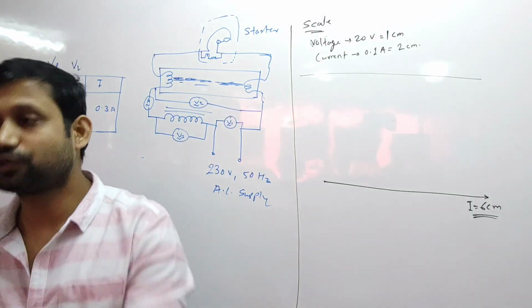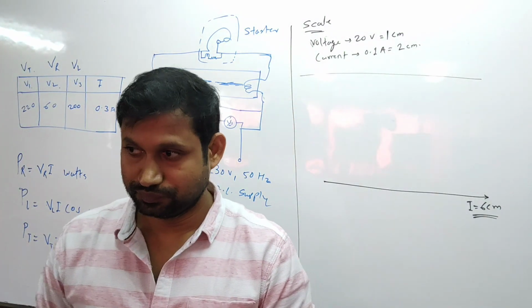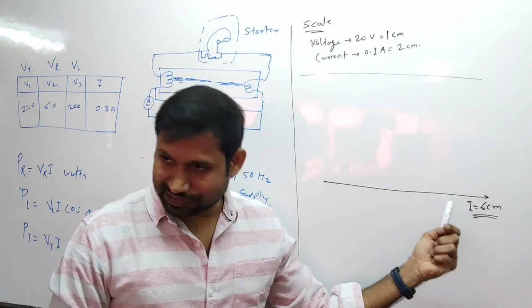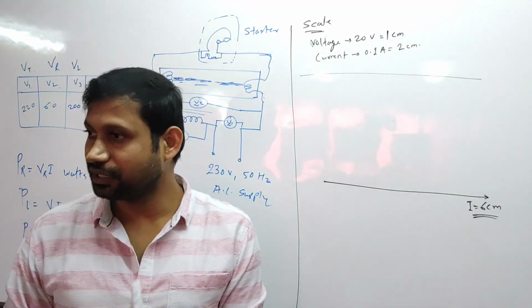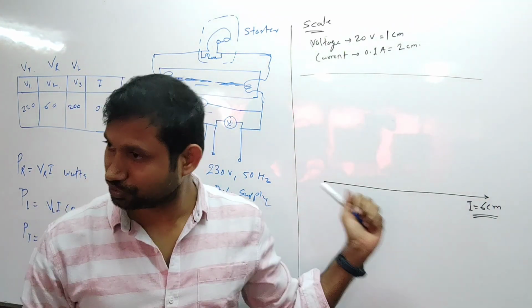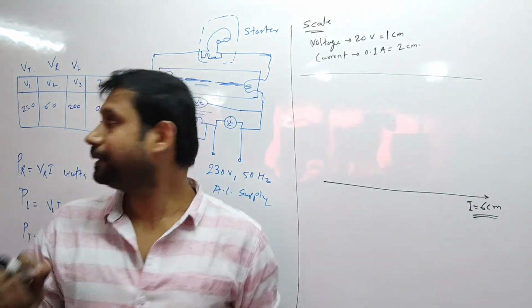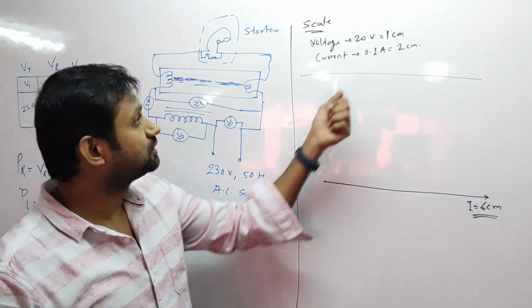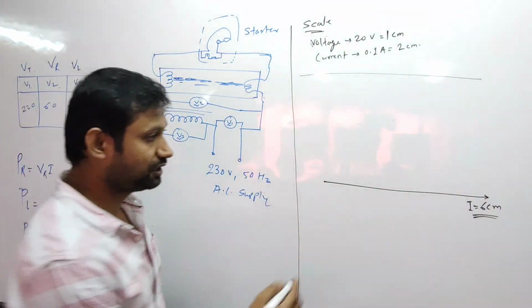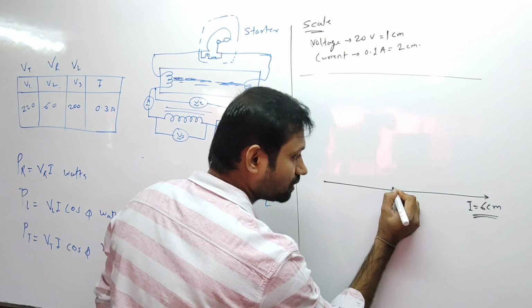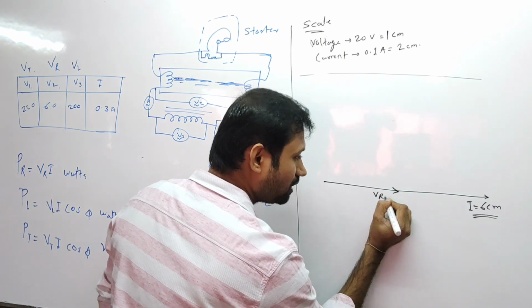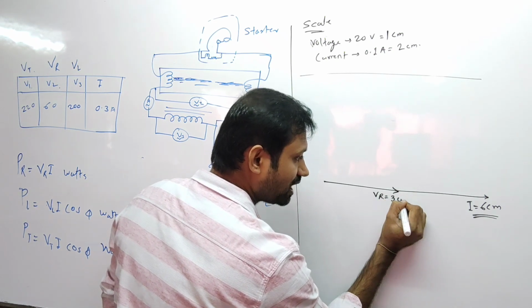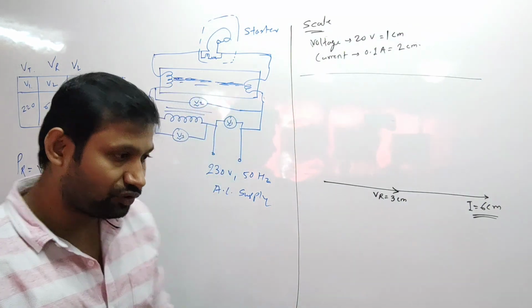I draw it along this line because it's a resistive circuit, so voltage and current are in phase. The value is 60 divided by 20, which is 3 centimeter. So VR is 3 centimeter.